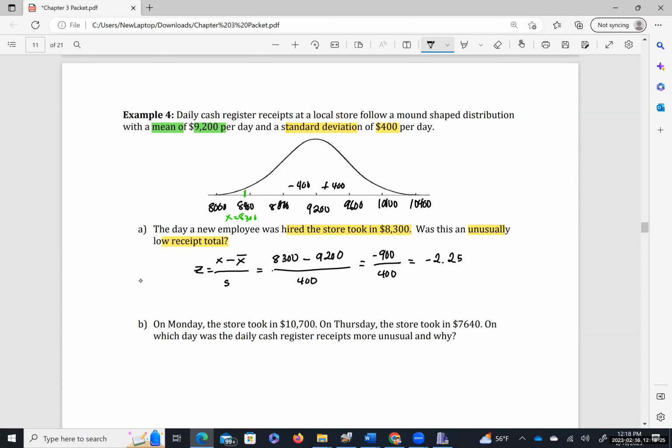So this z-score is in between -2 and -3.